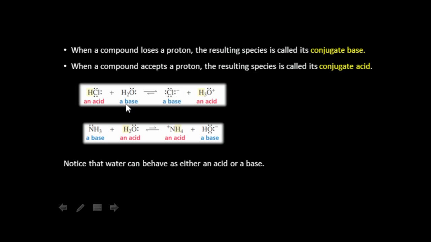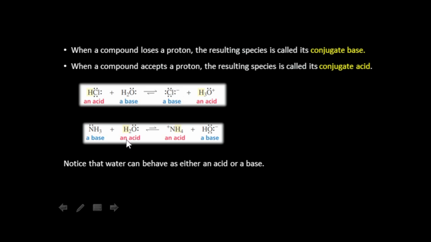So if there is an acid, there will be a conjugate base; if there is a base, there will be a conjugate acid. Here HCl acts as an acid and water acts as a base. HCl is converted to the Cl- ion, the conjugate base. Water accepts H+ and forms H3O+, the conjugate acid.